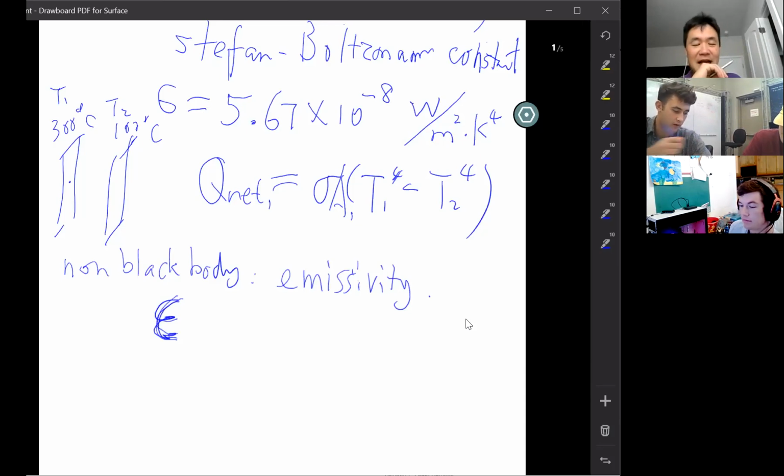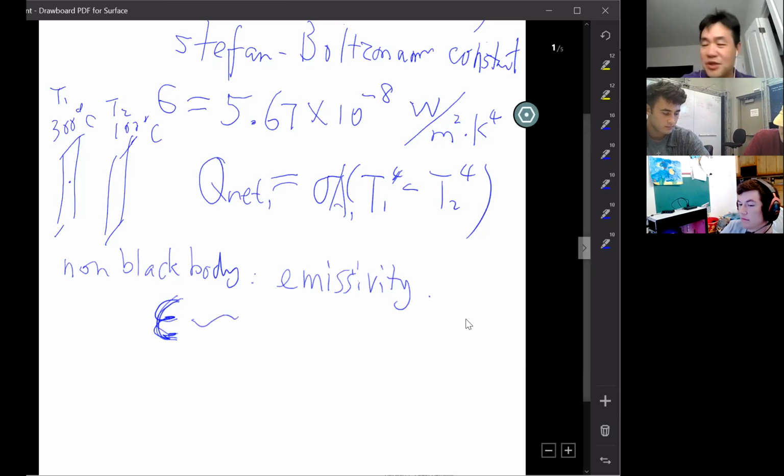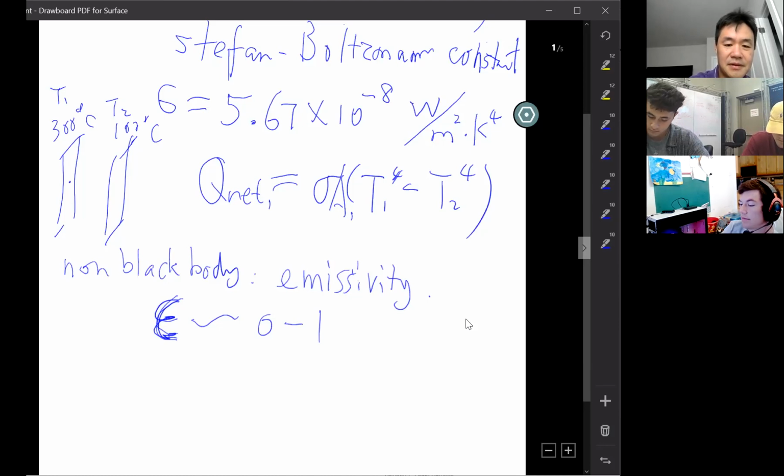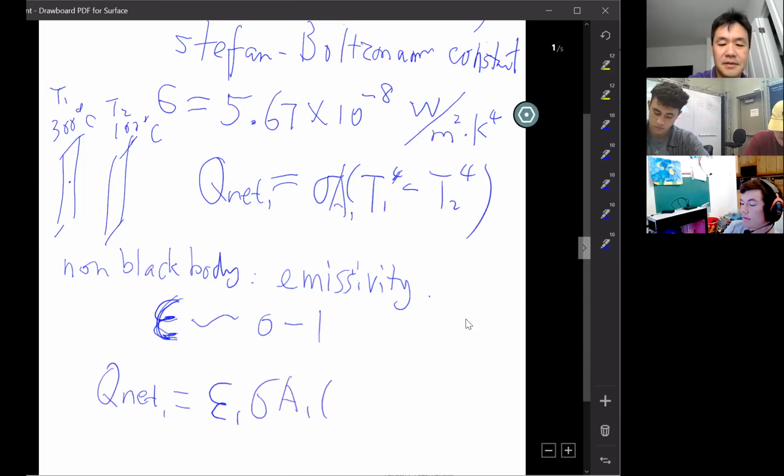Okay, but it's the emissivity. Radiation emissivity is basically a coefficient, an efficiency, right? From 0 to 1. So you just added this coefficient to the net equation.